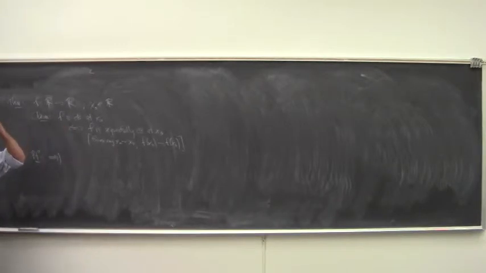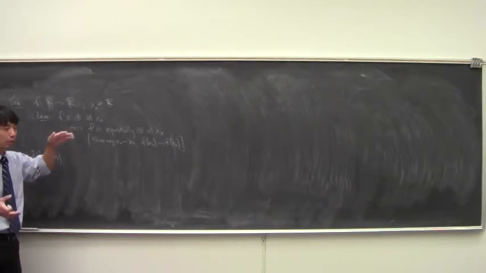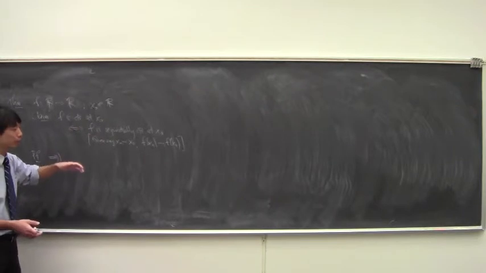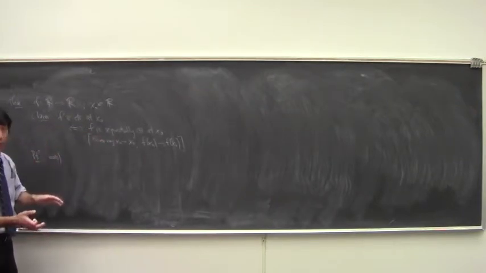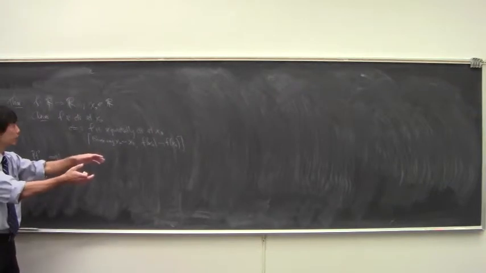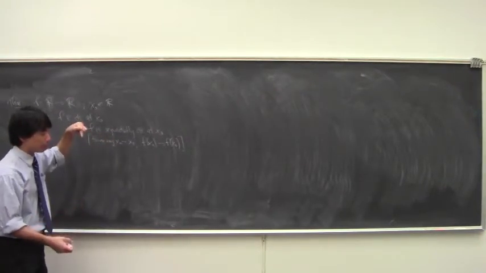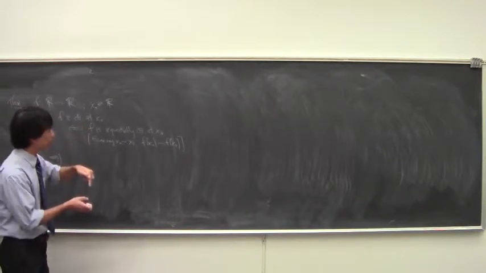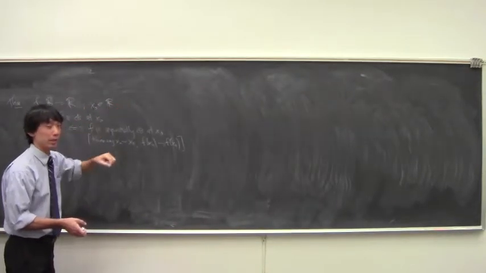So see if you can think of how this makes sense. You know that f is continuous at x naught. In other words, given any epsilon neighborhood over here, you can find a delta neighborhood that gets mapped inside it. And you want to show that given any sequence converging to x naught, the image sequence converges to f of x naught.